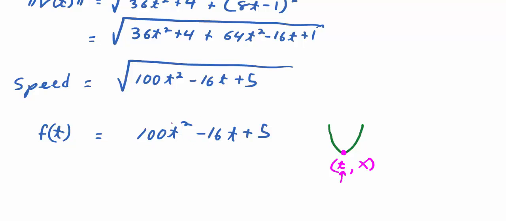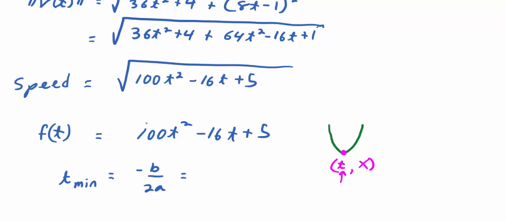So how do we find the first coordinate of the vertex? Well, you may or may not remember this formula. I'll call this the t minimum value, t subscript min, just to give it a name. You may remember this formula, negative b over 2a, for the first coordinate of the vertex of a parabola.